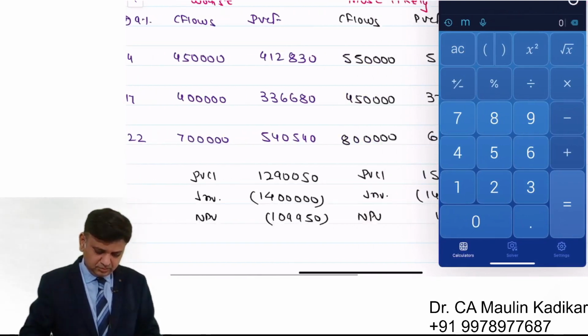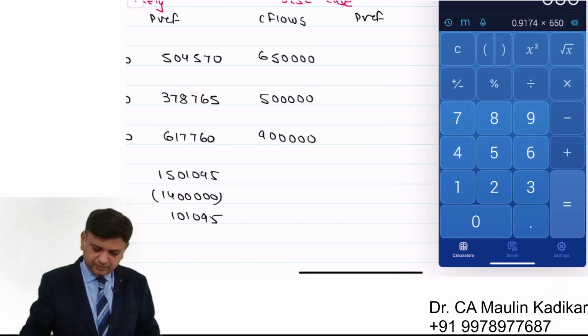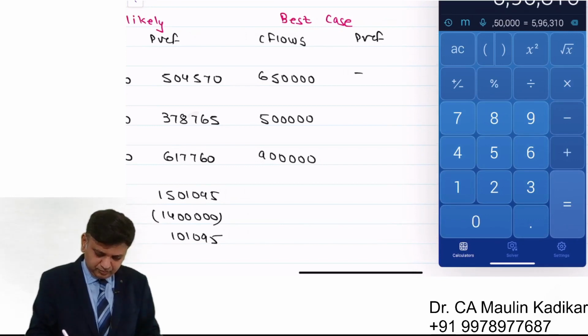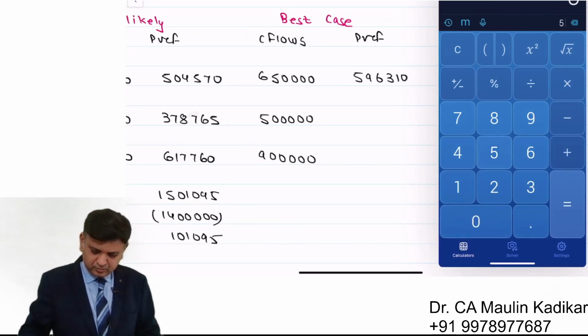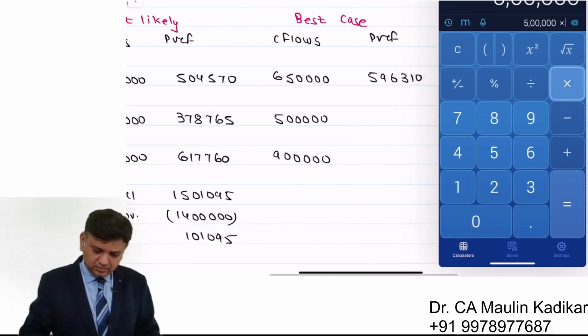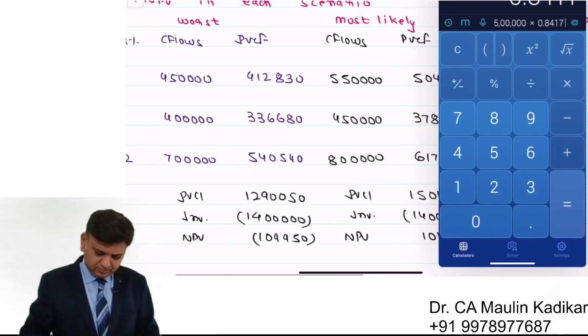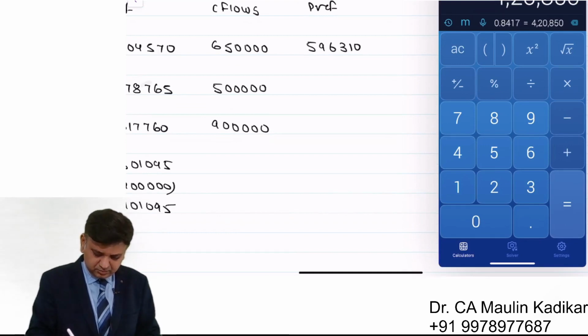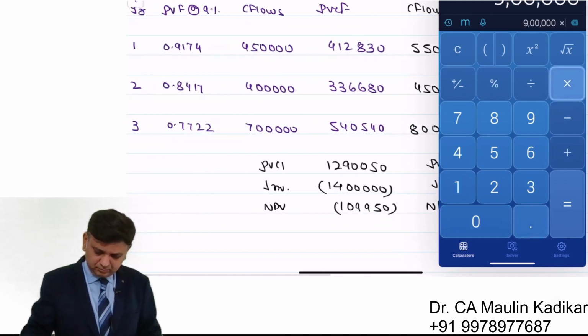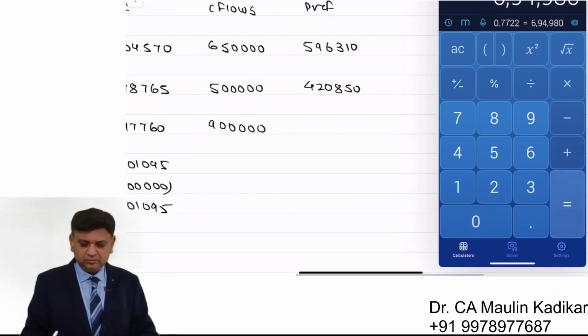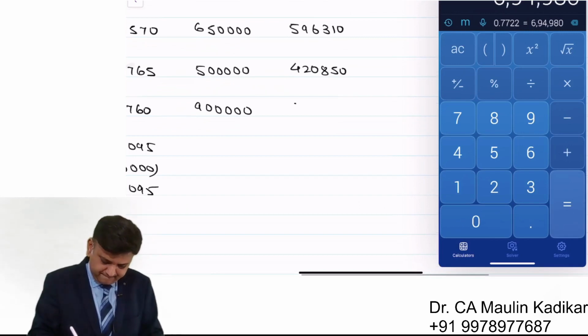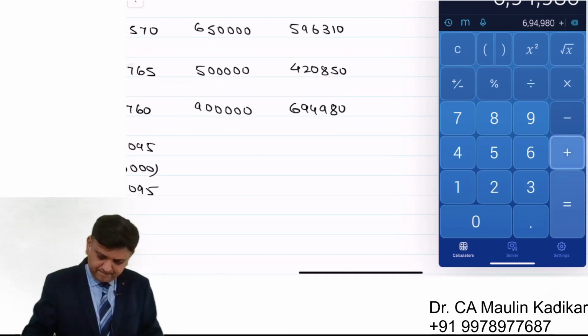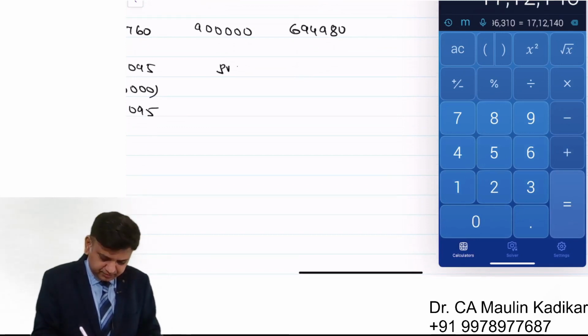So 0.9174 into 6 lakh 50,000, 5 lakhs into 0.8417, and 9 lakhs into 0.7722. The present values are 6,94,980 for the third year, and the total is 17,12,140.